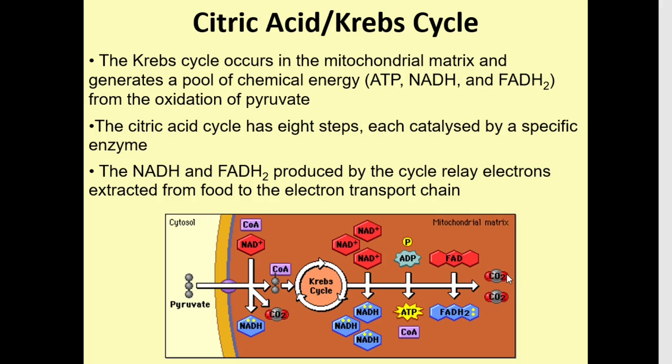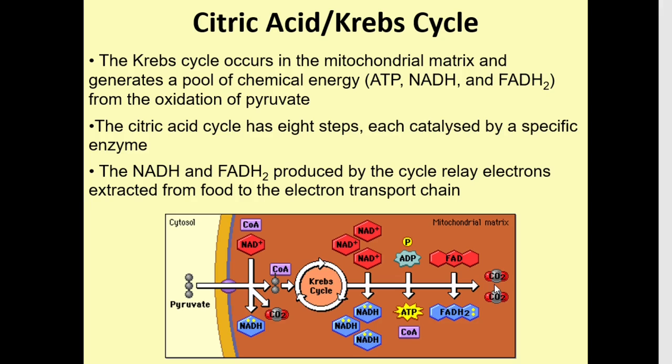If we follow the carbons through them, we can see where they go, where they disappear to. We follow one pyruvate, so each grey ball there is a carbon. They come in. One carbon is given off in the link reaction as carbon dioxide, and here are the remaining 2 carbons. They go into the Krebs cycle, and here are those 2 carbons being given off as CO2.